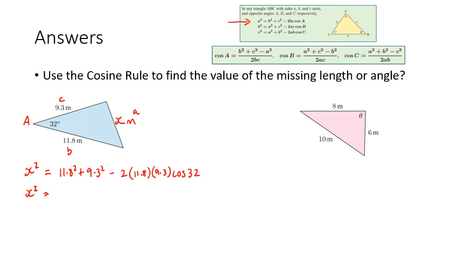That's going to give us an x squared value of 39.6. Therefore, if we square root both sides, x is going to equal 6.29 meters.